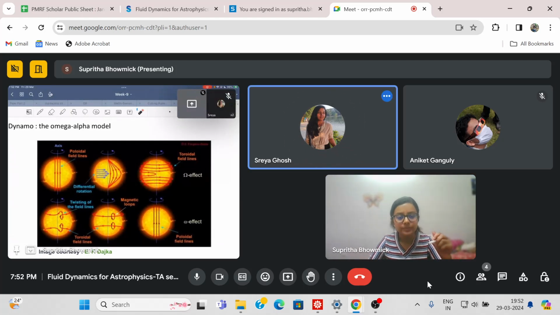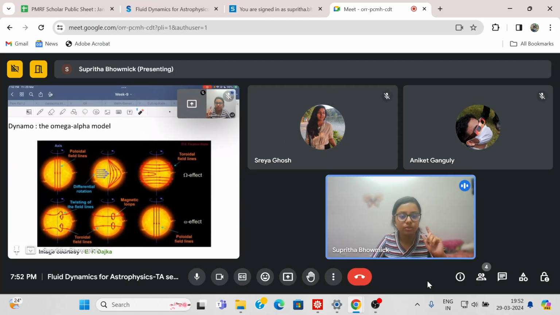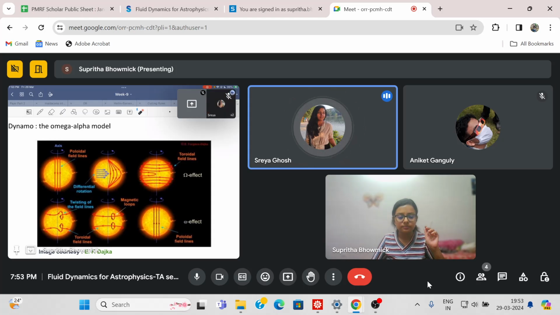So for example, if the plasma in the Sun has just velocity along this direction at every altitude, what is the axis of symmetry? This would be the axis of symmetry. So the velocity is moving along the symmetry axis.